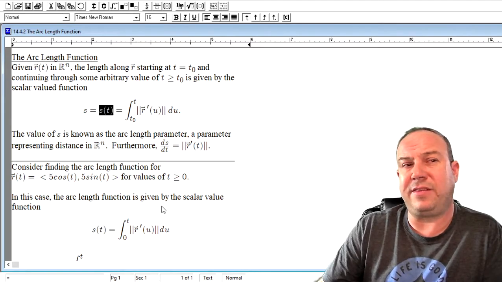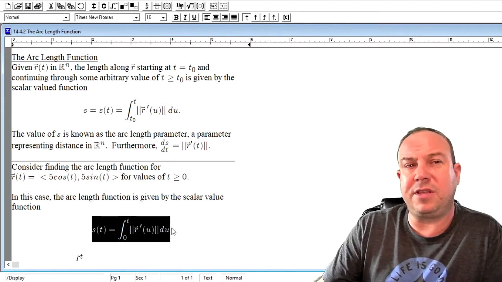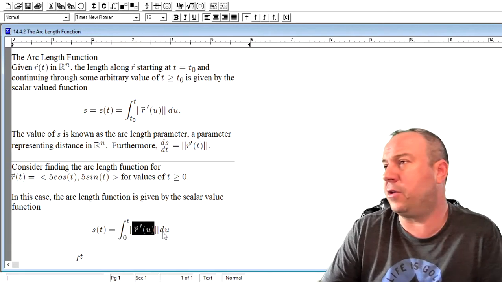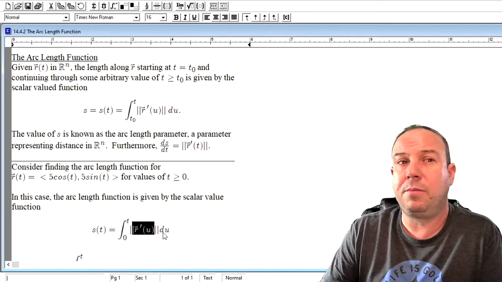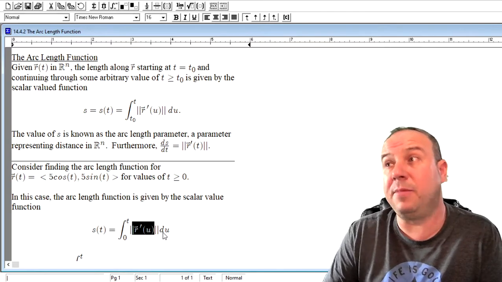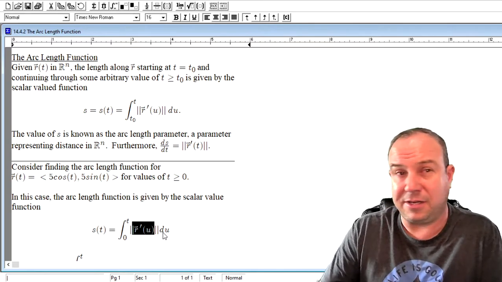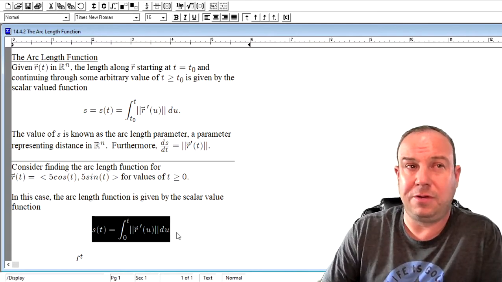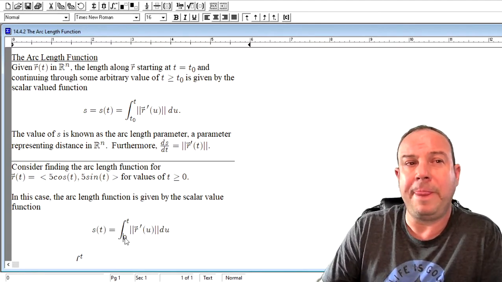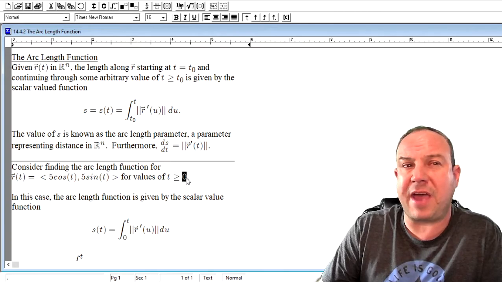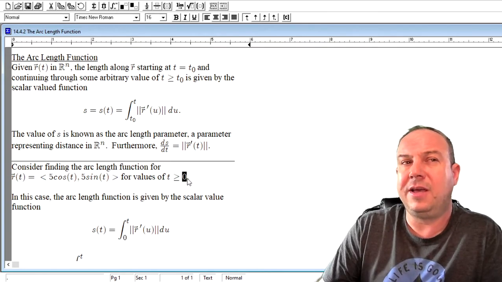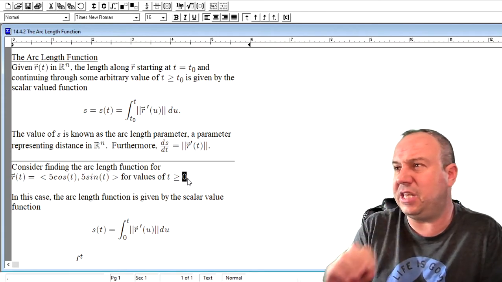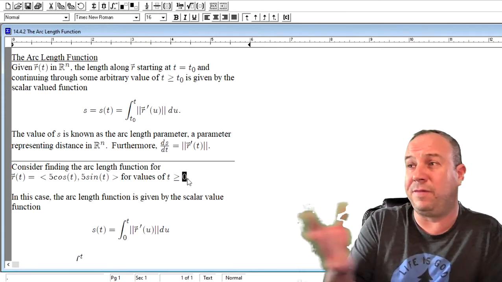We've defined this above, which would be equal to this integral seen here, this integral from 0 to t of the magnitude of r bar prime of u, integrated with respect to u. All right, that dummy variable u. The 0 comes from the fact that we are starting to think about this length at the value of t equal to 0 and moving forward.